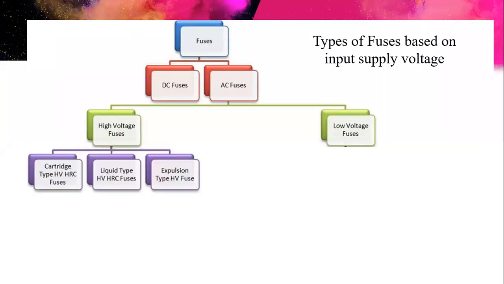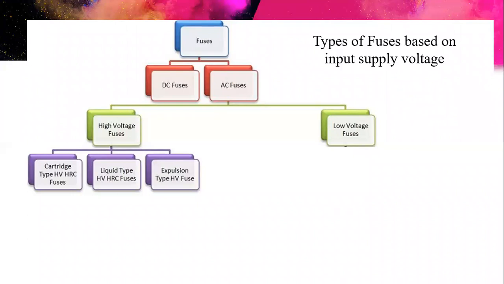Now, the high voltage fuses are further classified into the cartridge type high voltage fuses, high rupturing capacity fuses, liquid type high voltage high rupturing capacity fuses, and another is the expulsion type HV fuses. This expulsion pin is provided inside the fuse element, so that is known as the expulsion type HV fuses.